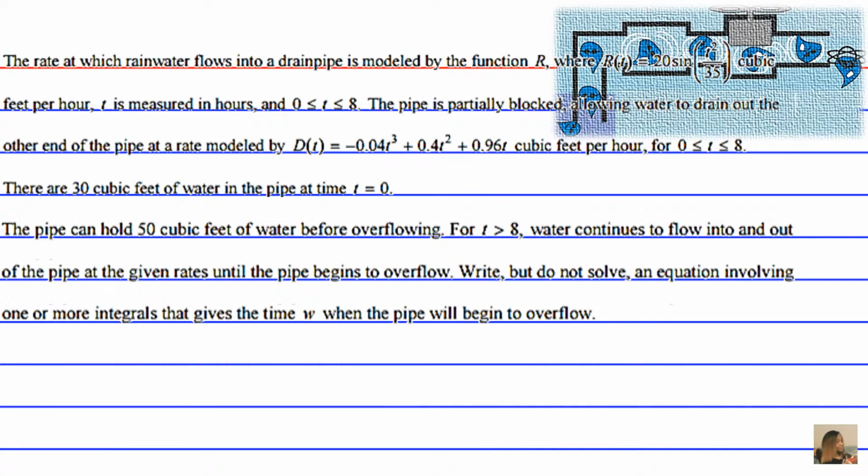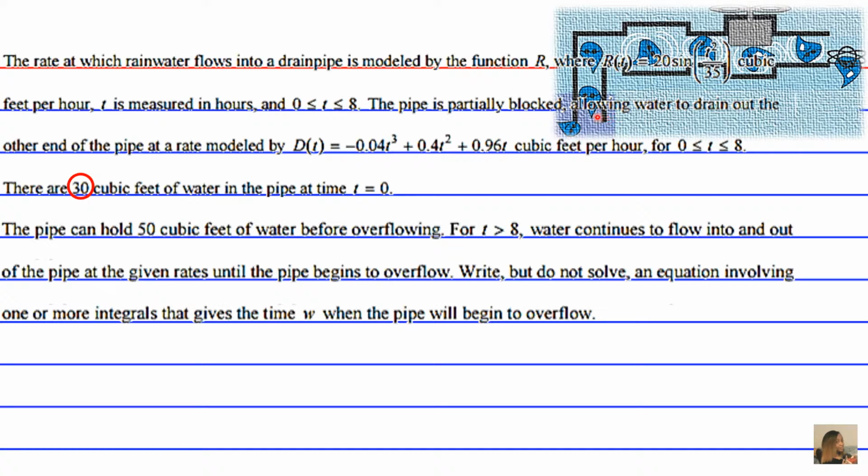Okay, so in an attempt to model overflow in this pipe, what you're expected to do is set up an equation first using the initial condition. The initial condition that we're told is that there are 30 cubic feet of water in the pipe at time 0 hours.